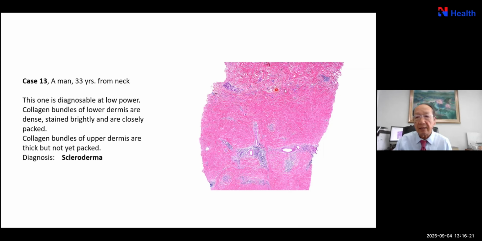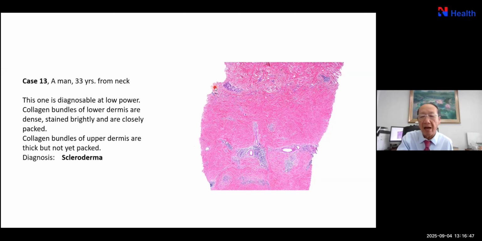In the upper part, the collagen is not as packed as the lower part, but still thick. The bundles are thick compared to normal. When we see this, this is scleroderma or part of the systemic sclerosis, or if it's localized to one area, it's morphea.